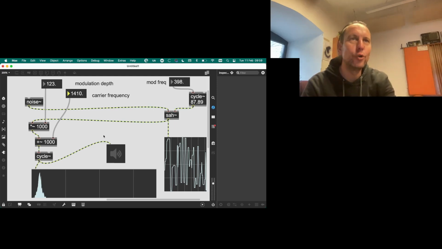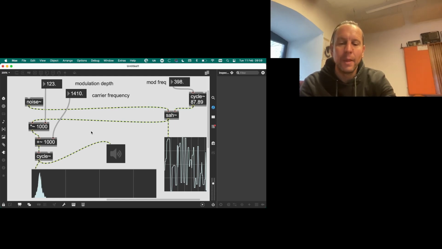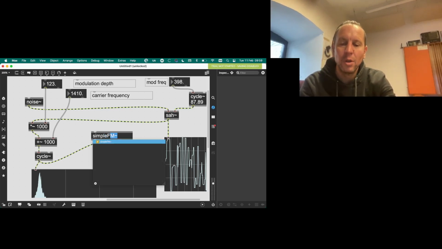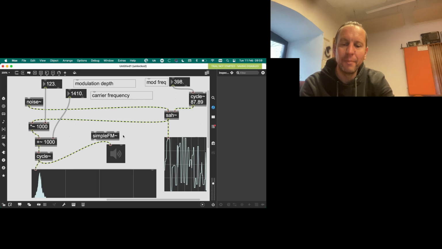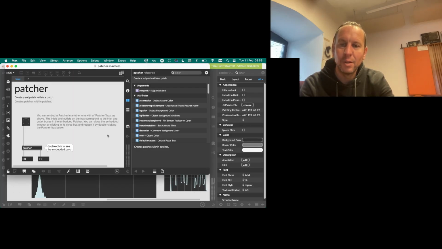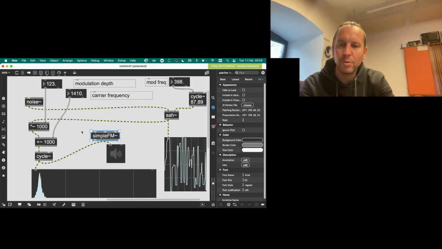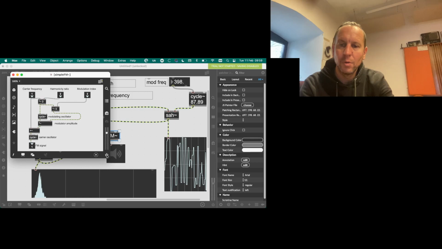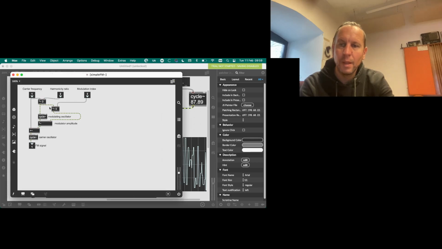And now I'm going to show you the intuitively better parameters. And I don't even have to code it because we have a patch called Simple FM. And here inside you can see it. So, the user-friendly FM parameters.